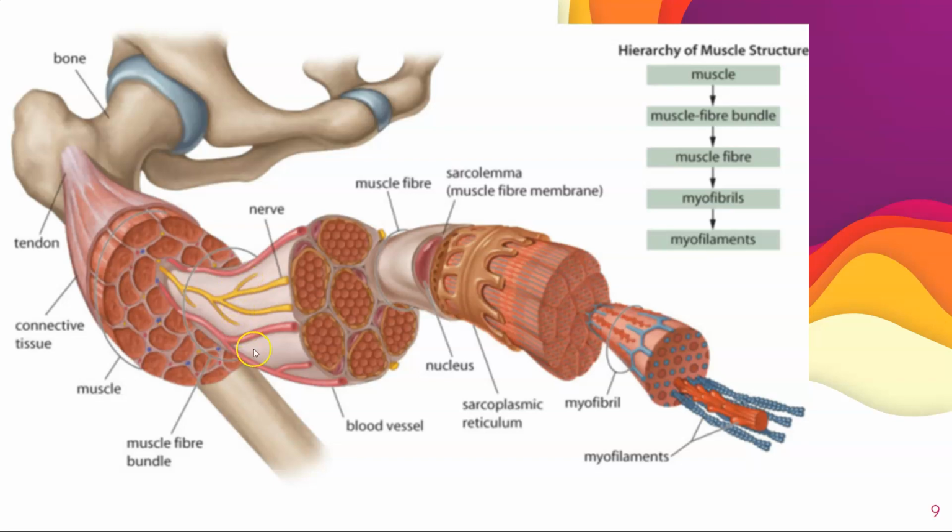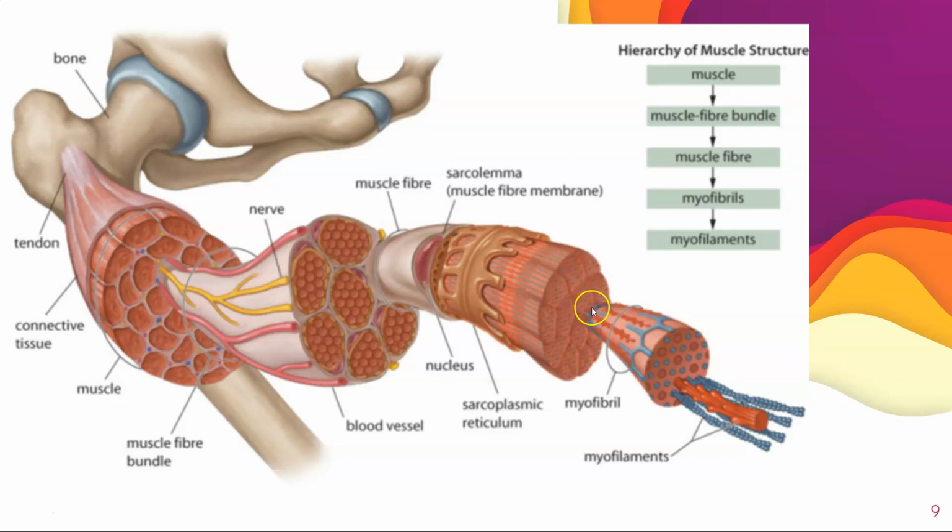We call this a muscle fiber bundle because inside of every one of these is another set of small pieces that include the muscle fiber. So if we were to pull one of these out, this is a muscle fiber. It takes tons of these to make up a bundle and a bunch of bundles to make up a muscle. Now, within that muscle fiber, we have what we call myofibrils.